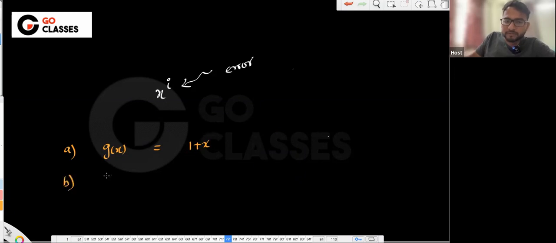Can the gx be 1 plus something, or maybe, let's suppose this is x power 10, just for the sake of example. Now can the gx be x power 11?